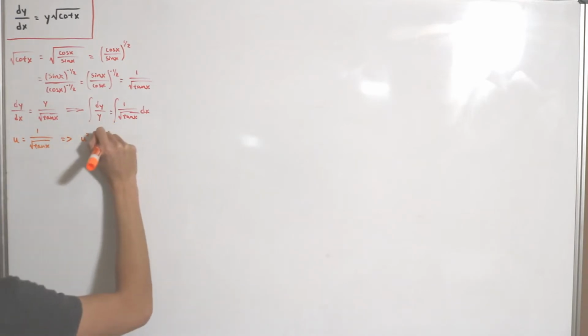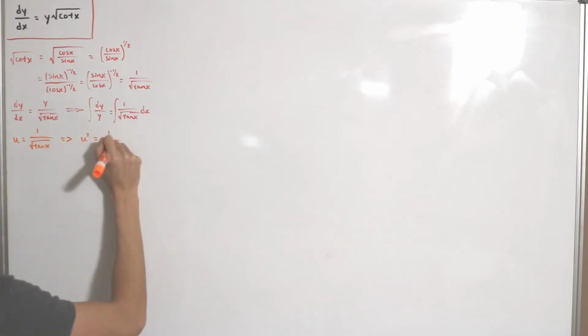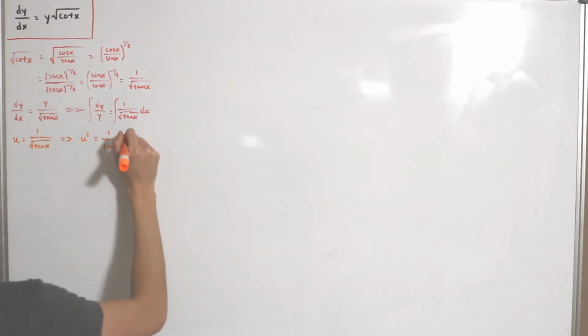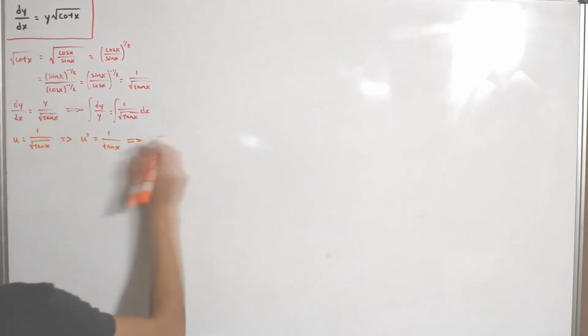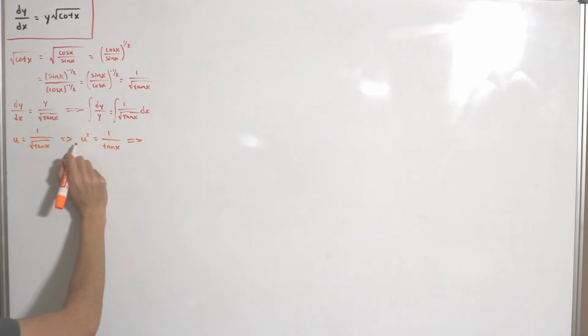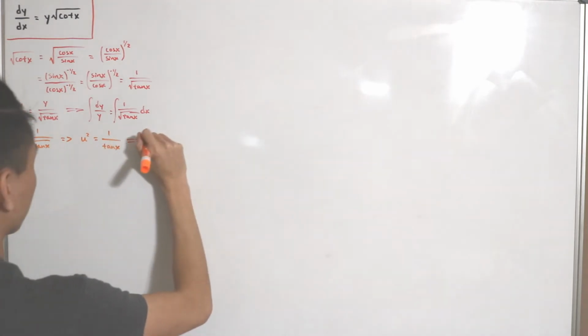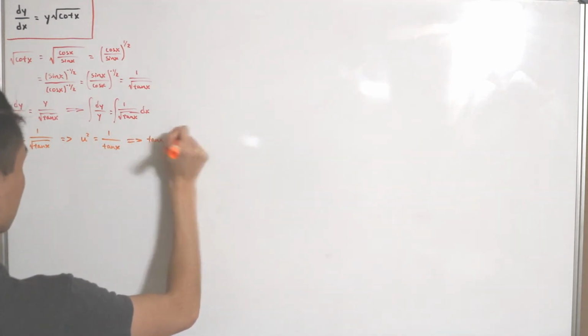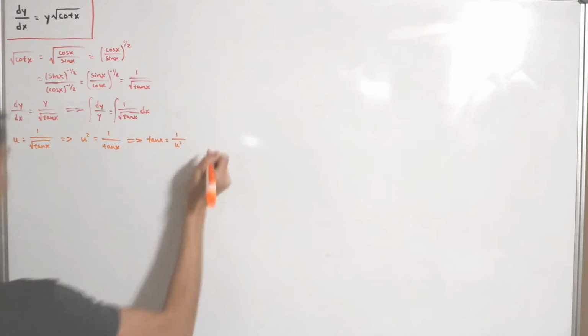That means this is just 1 divided by tangent x. Then I'll multiply tangent x to both sides and divide by u squared. So we get tangent x is equal to 1 divided by u squared.